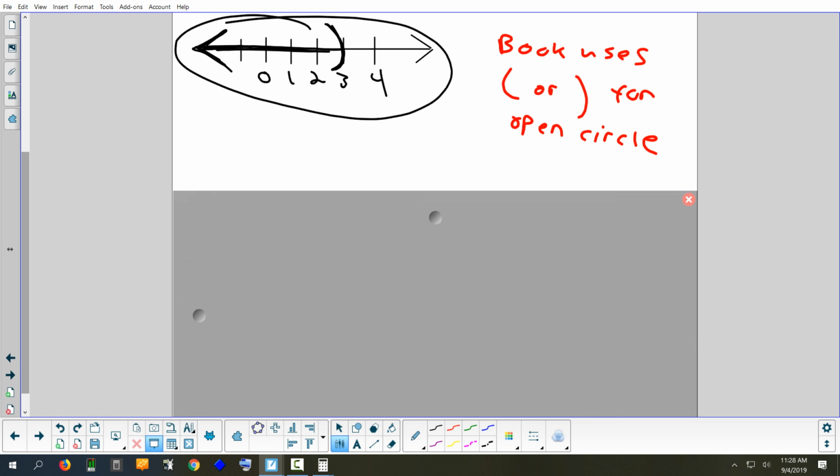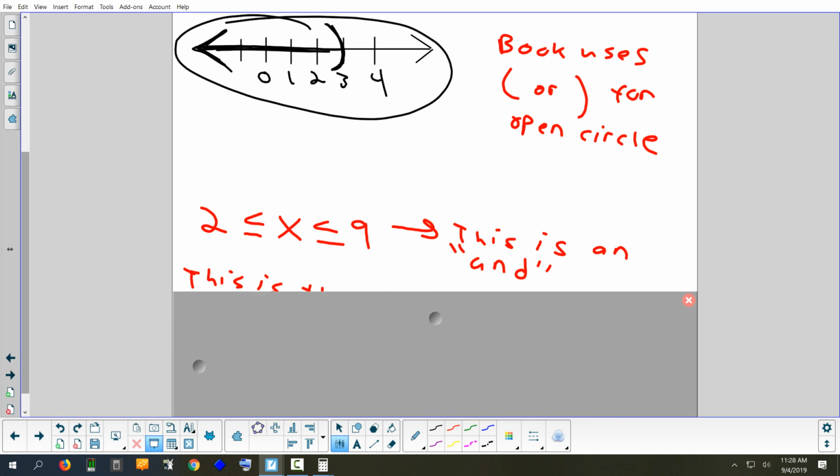All right, let's look at this one. So this is kind of a special inequality where you have a variable in the middle and you have a number on each side. This is a conjunction. It means and.